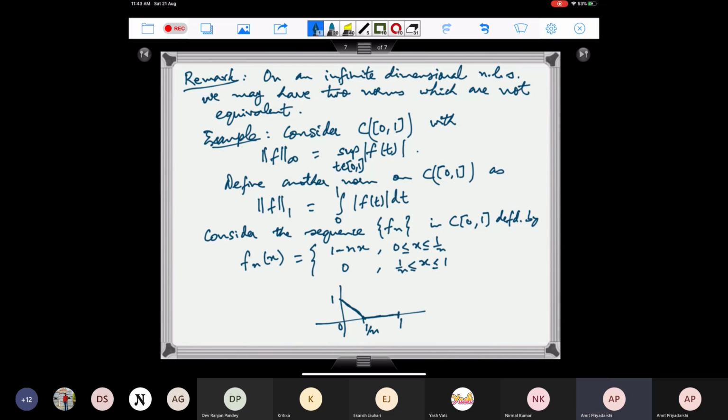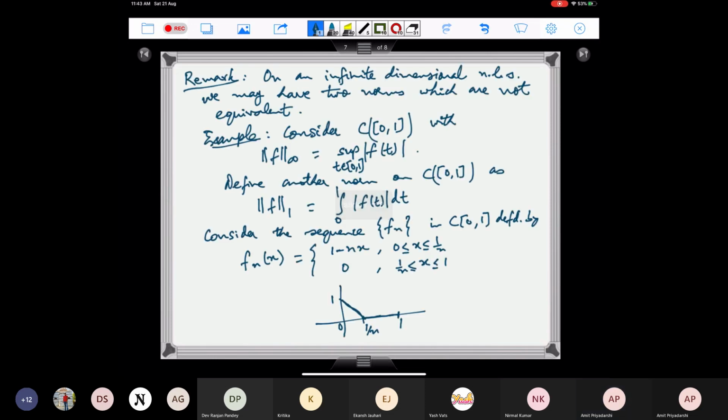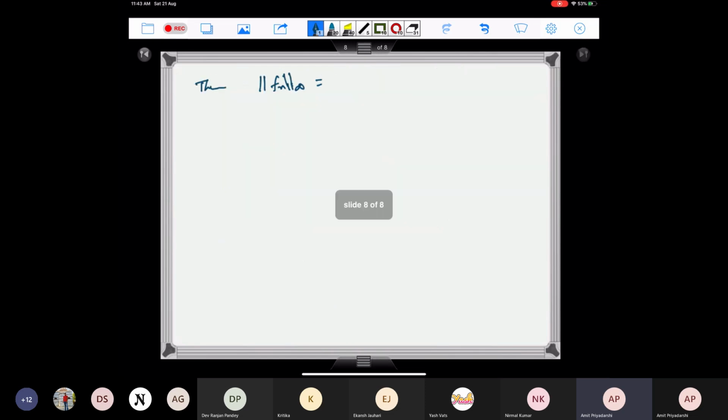Then what is the sup norm of this f_n? See, f_n of 0 is always equal to 1, and mod f_n(x) is always less than or equal to 1. So this is equal to 1 for all n. Right? The infinity norm of f_n is equal to 1.